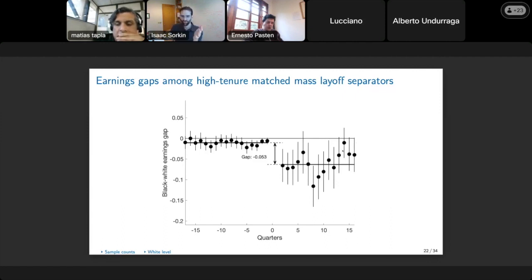You can squint at this and see an upward trend if you want, or you can draw different lines. So I'm sympathetic to that. I think that is a basic implication of the flavor of model I've written down. I'm not sure it screams out of the data to the extent that I had expected it to.